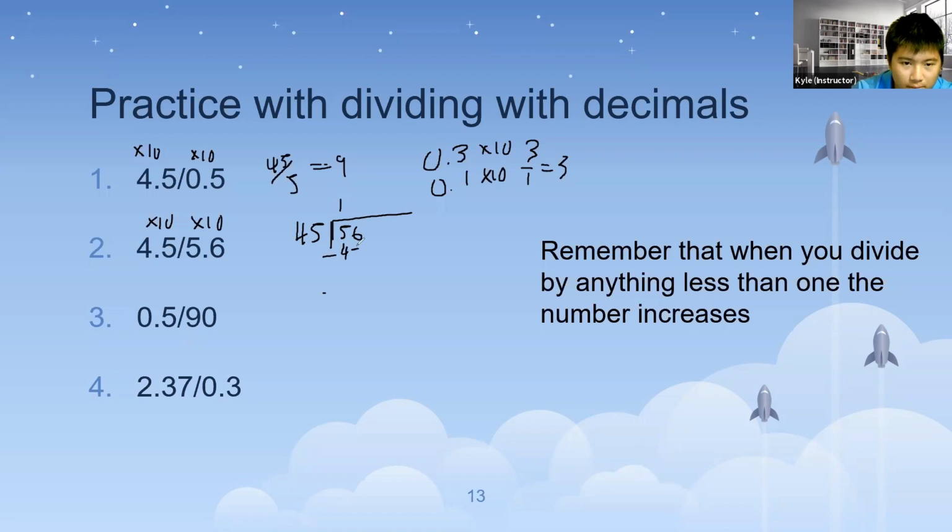Minus 45, we get 11. Then we add a 0, like the video said. So now we have 110. Let's try 90. Let's see if 90 works. So now we have 20, and yeah, 45 cannot be fit into 20, so we have 1, now we have a 2.